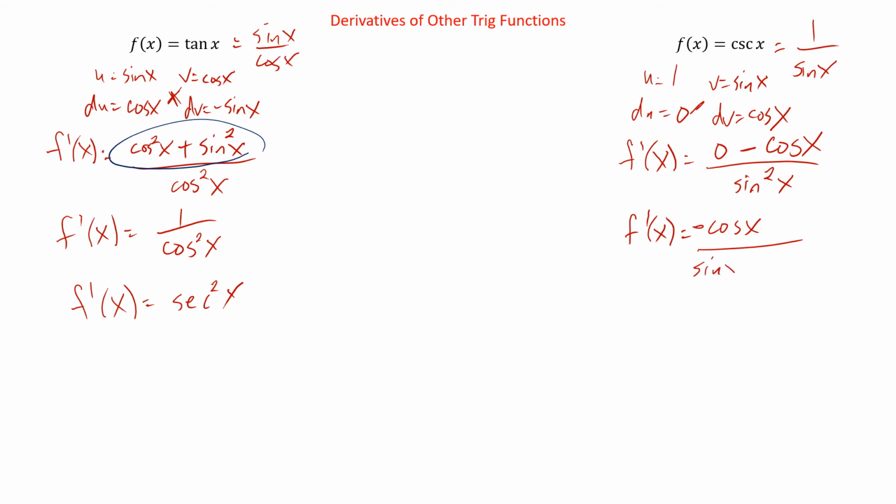We're going to write it sine x times sine x, because we could have that as cosine x times 1, and now all of a sudden negative cosine x over sine x is negative cotangent x, and 1 over sine x is cosecant x, which is just the flipped order as we had on the other page. I usually put the cosecant first. There's no reason for it other than that's how I remember it, because multiplication is commutative. But that's how we can get the derivative of a cosecant as well.